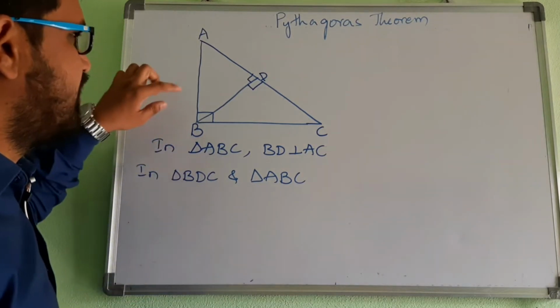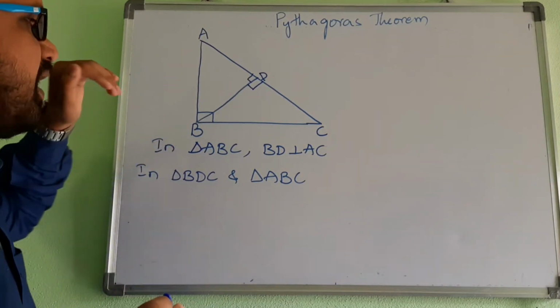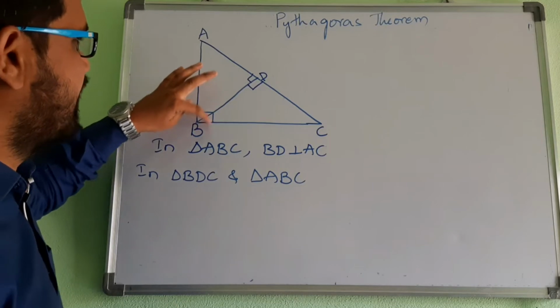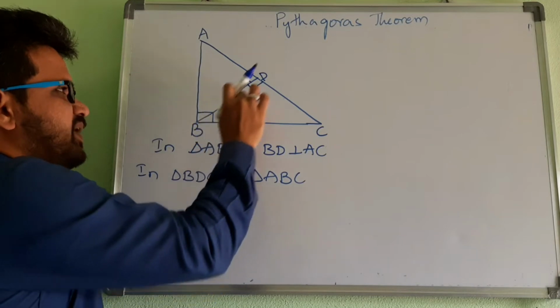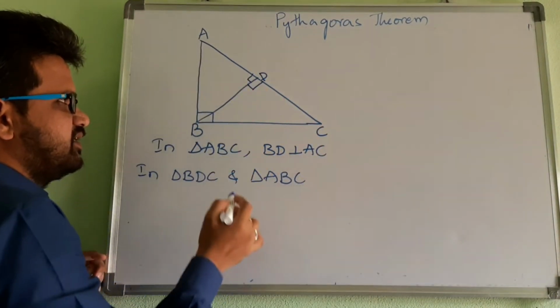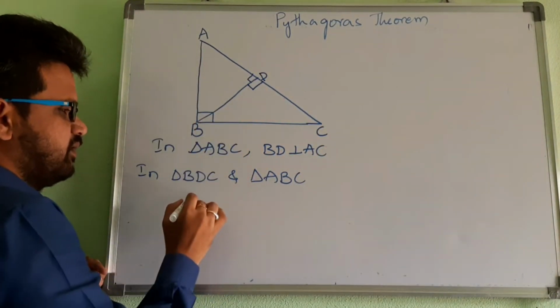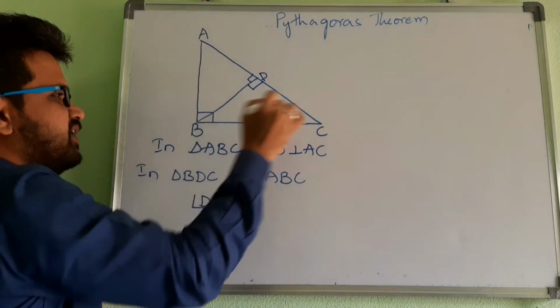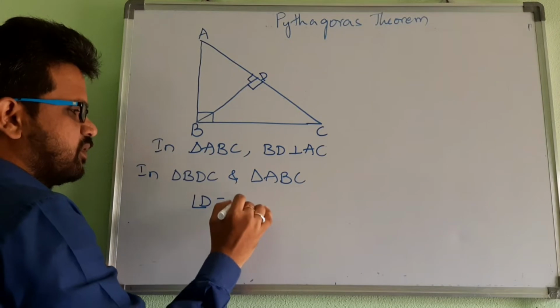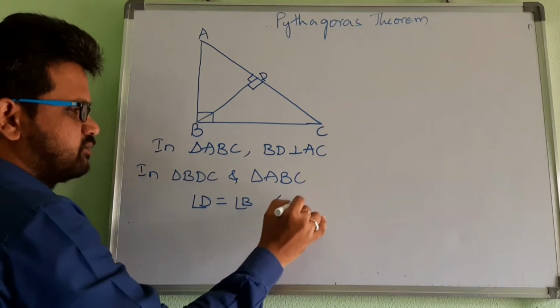We are comparing two triangles, BDC and ABC. In BDC, where is the right angle? At D. Angle D is equal to, in the big triangle, where is the right angle? B.